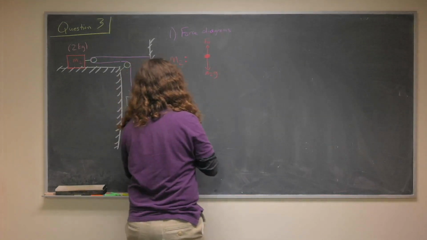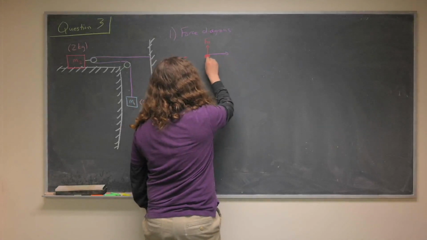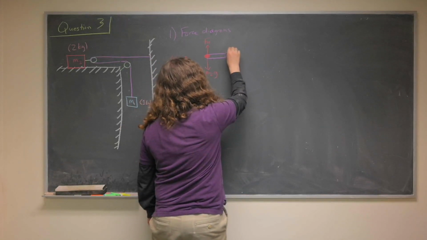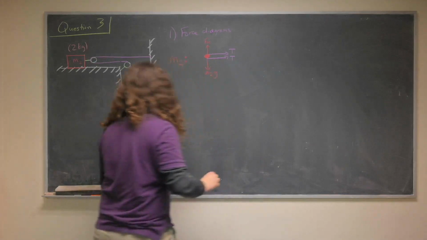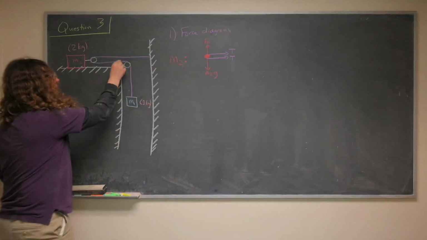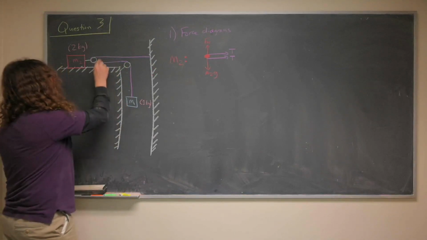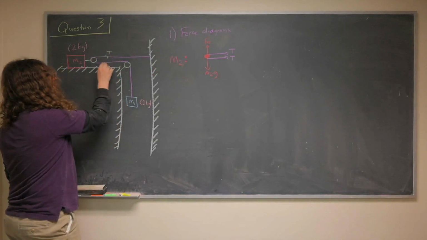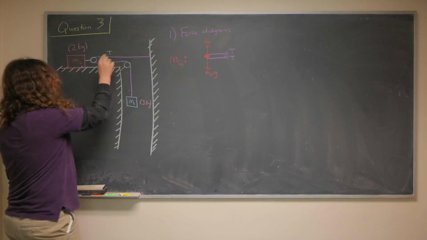The normal force goes to the right. And 2 copies of the tension force act to the right. There are 2 strings, right? And each one applies a tension force to the right.